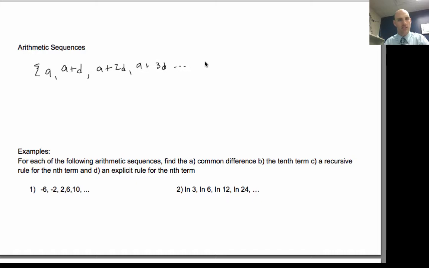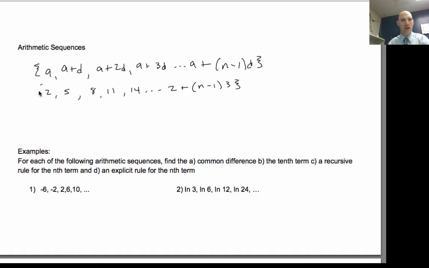Well, what does that actually mean? I'm going to keep going here. A plus n minus 1 times D. So it would look like this. 2, 5, 8, 11, 14, dot, dot, dot. 2 plus n minus 1 times 3.